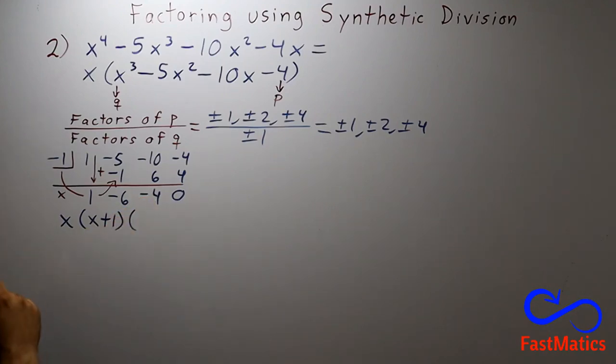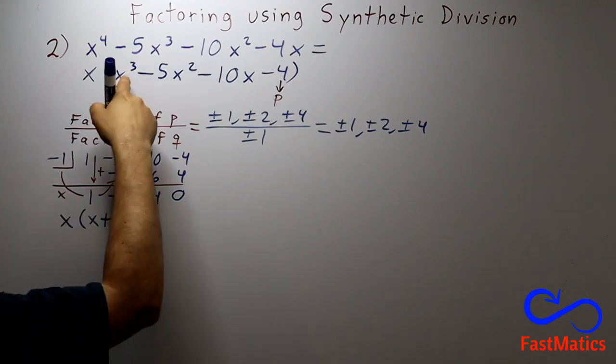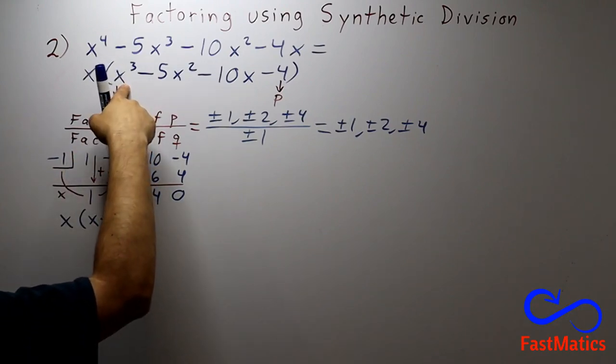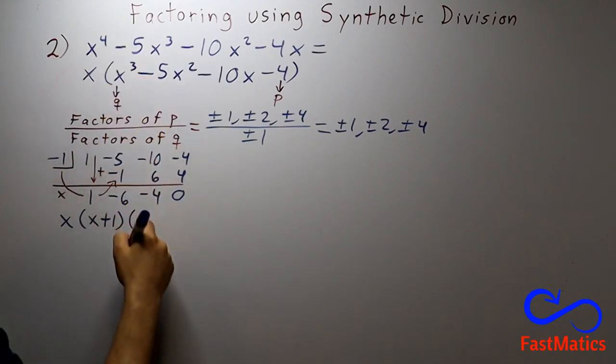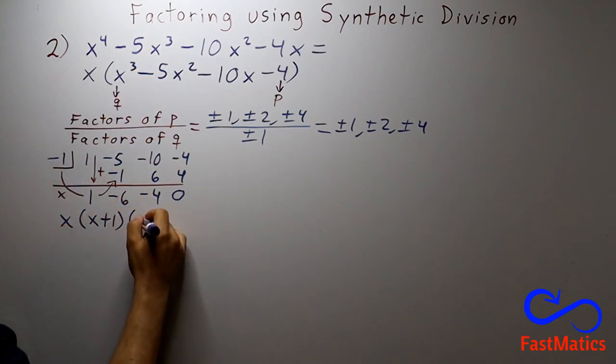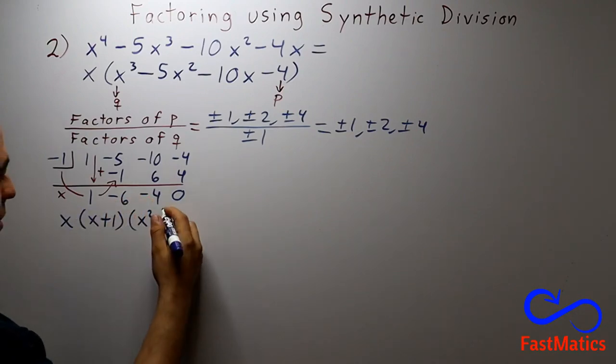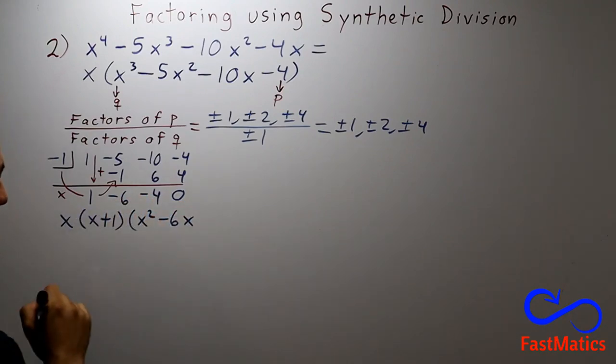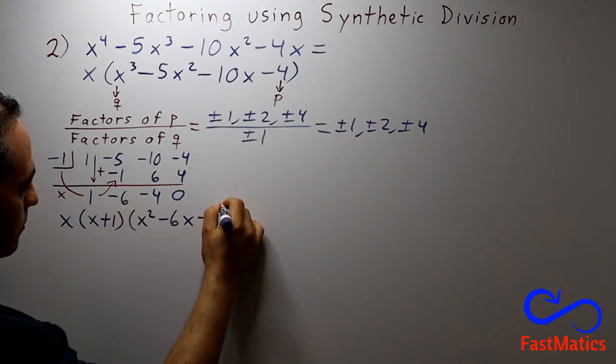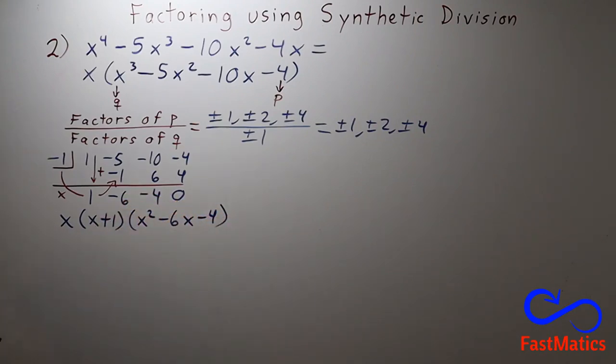And after that, we are going to copy the coefficients. If here I had x to the power of 3, here I will have the 1 with the x to the power of 2. I will subtract 1 from the exponent. And after that, negative 6x and negative 4. Exponents are decreasing.